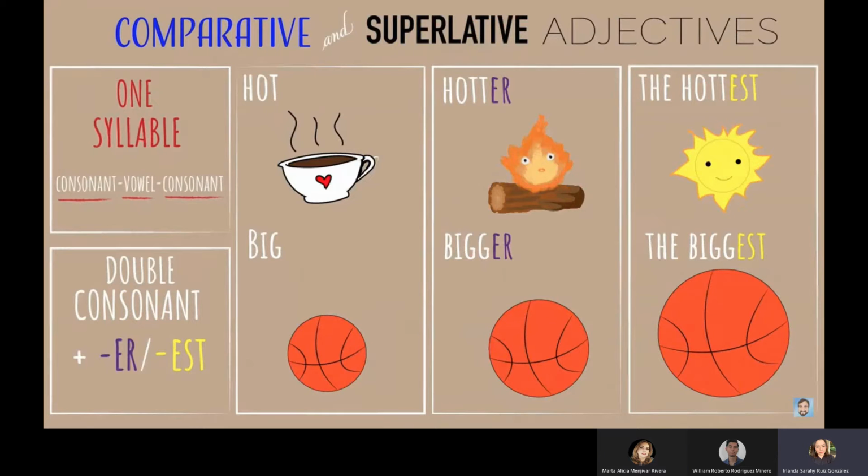For one syllable words, consonant, vowel, consonant, we double the last consonant before we add ER or EST. Hot, hotter, the hottest. Big, bigger, the biggest.